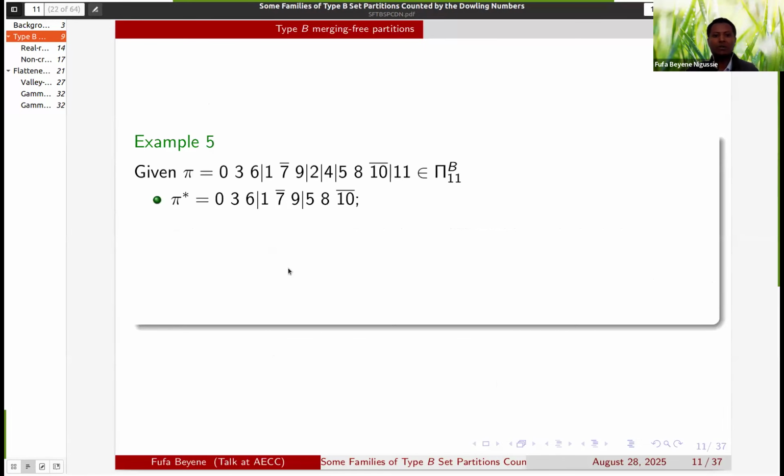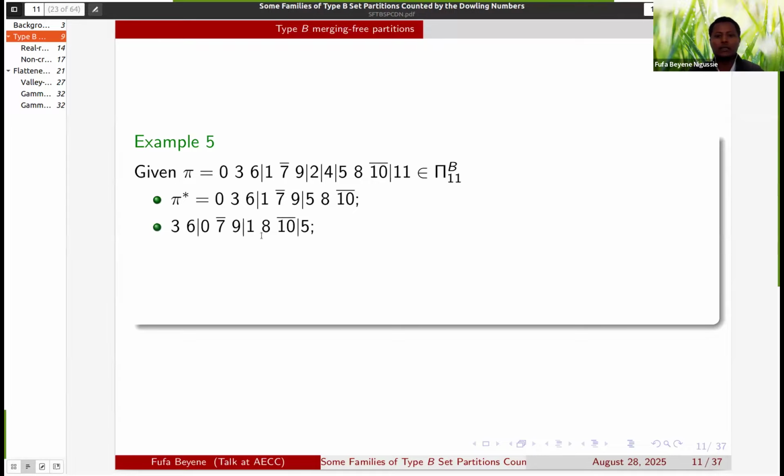Let's see an example for this. Take this type B set partition over 11 here. So we have the 0 block consisting of 0, 3, 6, and 2, 4, and 11 are singleton blocks. So by the first step in our procedure, we remove these singleton blocks. 2, 4, and 11 will be removed. And then we have pi star here on the remaining blocks.